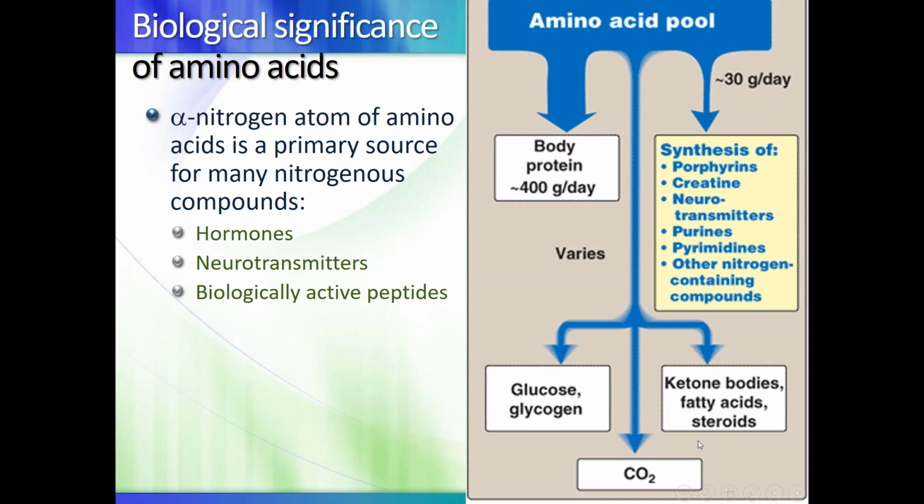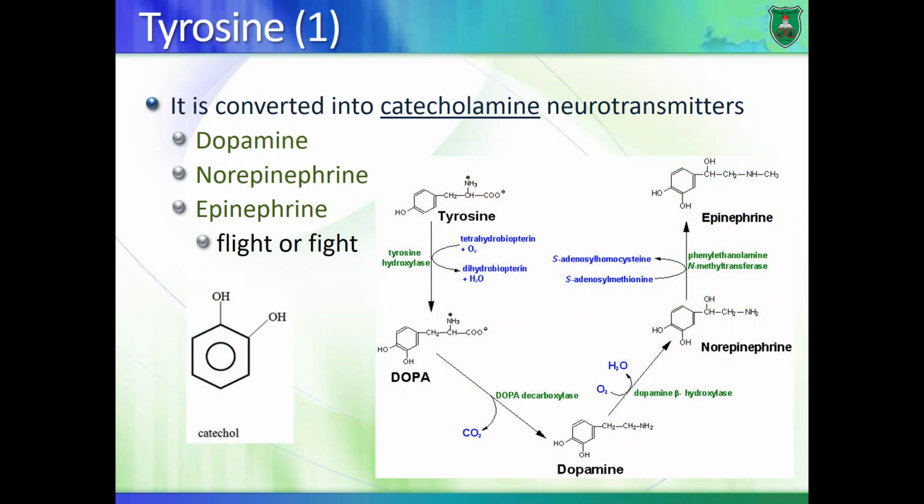They can also be used in metabolism for the synthesis of ketone bodies, fatty acids, steroids, or the formation of glucose in a process known as gluconeogenesis. We'll cover that in the metabolism course, inshallah. Now, we will go over some of these amino acids and their derivatives.